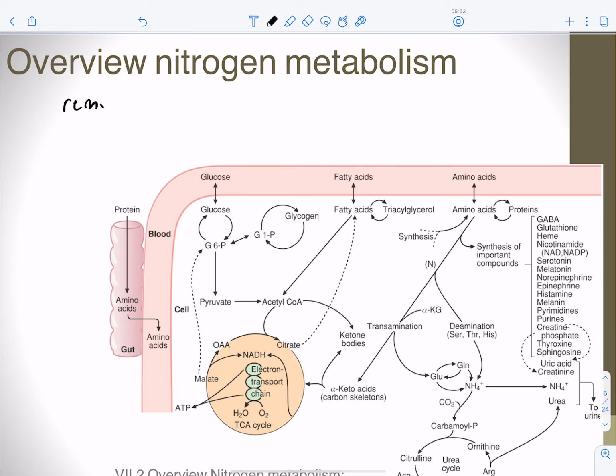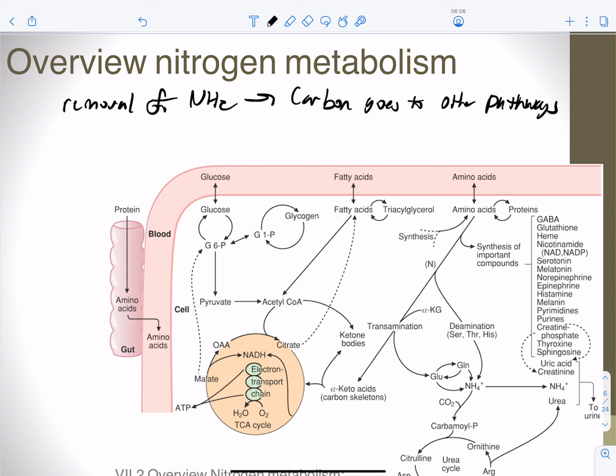We saw that with alanine when we were making glucose through gluconeogenesis. Alanine went to pyruvate to become your glucose. So your fats, your glucose, the fatty acids and amino acids all kind of converge.